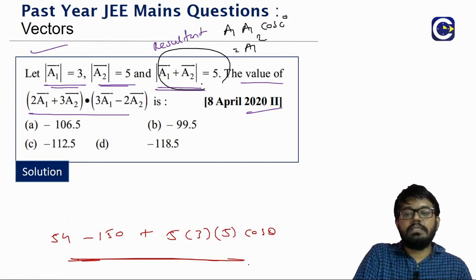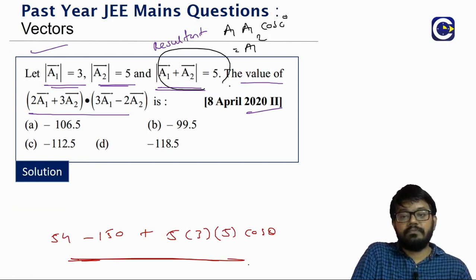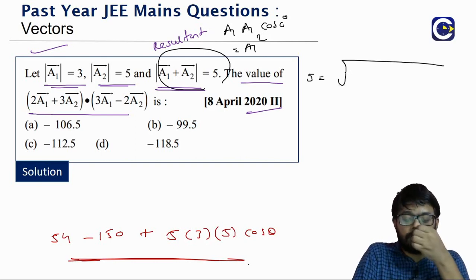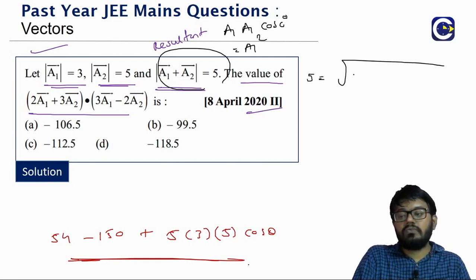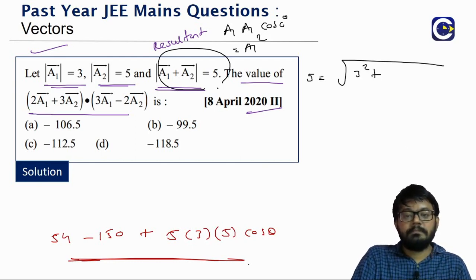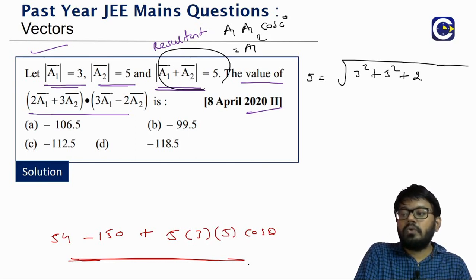We have not used this information so far: the modulus of a1 plus a2 is 5, which means the resultant. The resultant formula is root of a1 the square plus a2 the square plus 2 a1 a2 cos theta.